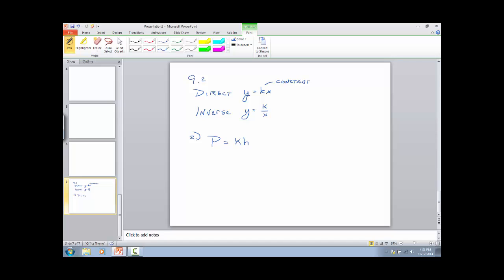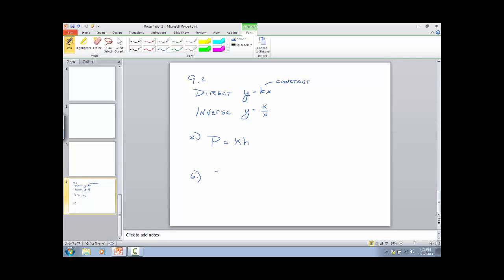Now let's take a look at number 6, as long as we have a little room here. The intensity of illumination E produced by a source of light varies inversely as the square of the distance d from the light source.